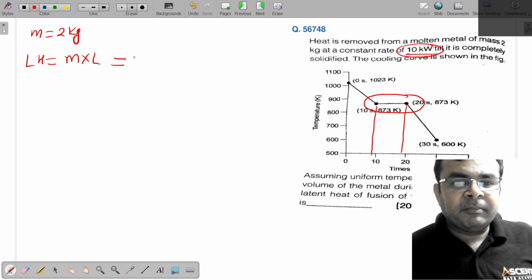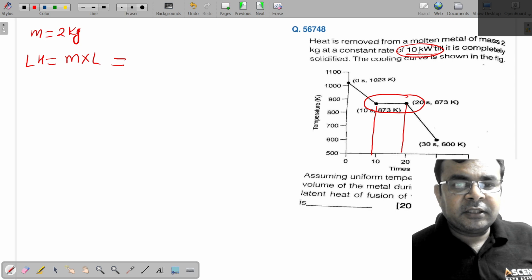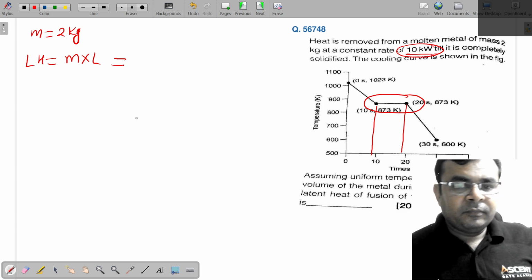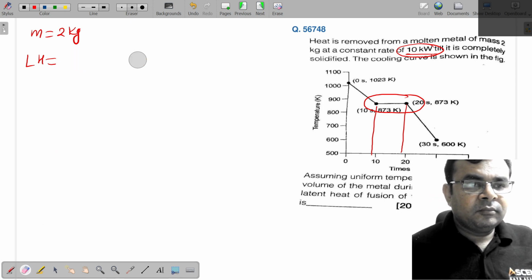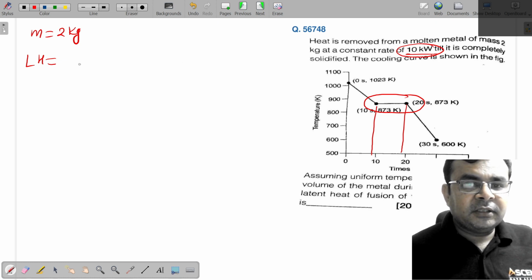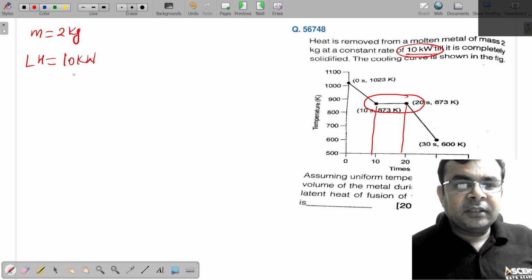And the mass flow rate is, if I talk about mass flow, this is kilowatt, and we need to find this value in kilojoule per kg. First, this is 10 kilowatt, the constant rate at which the heat is removed.